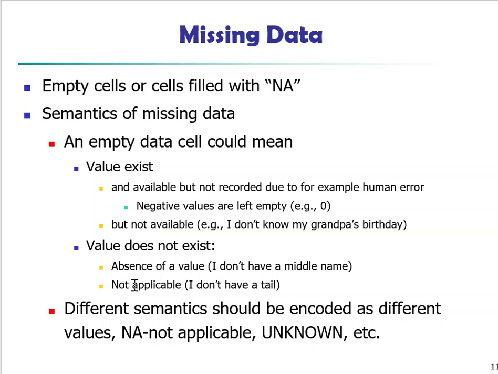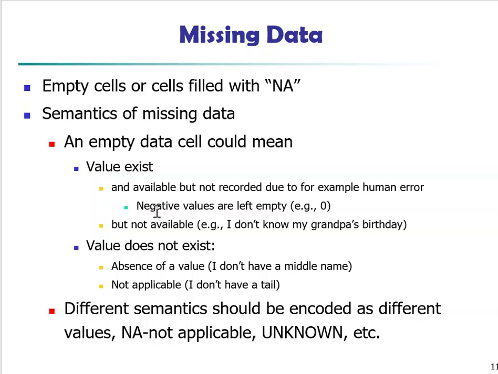However, in the vast majority of cases, what we saw is that all of these are lumped under NA, not available. It's really unfortunate that when we record the data, those different things were not differentiated. Ideally, different semantics should be encoded as different values: NA not applicable, NA not available, to differentiate those.